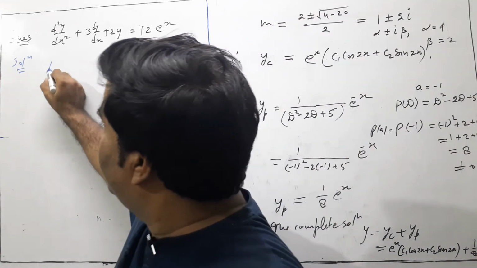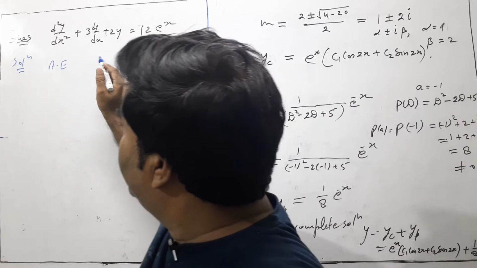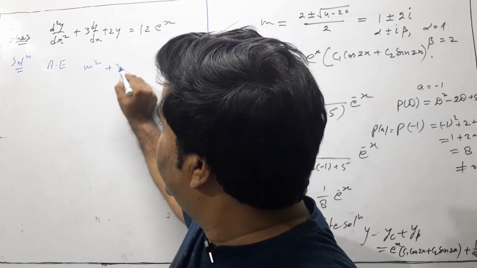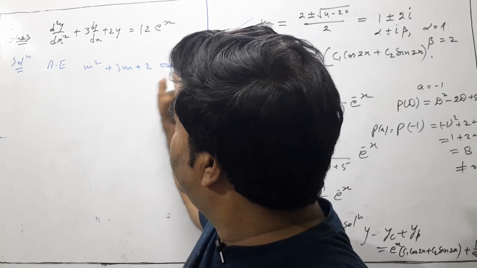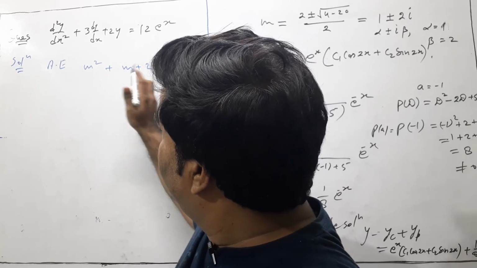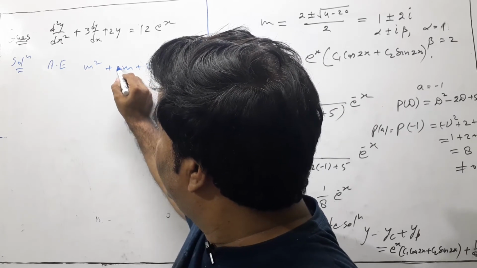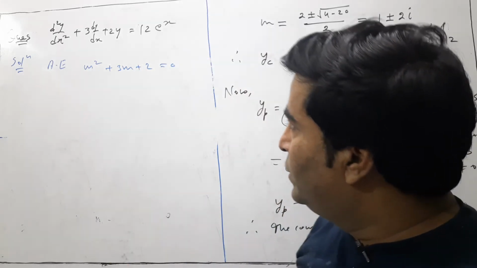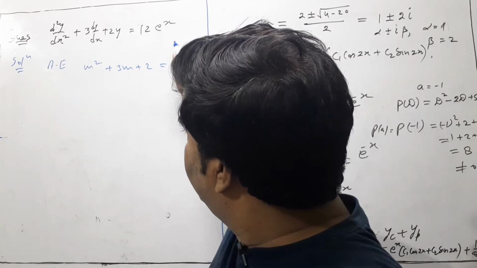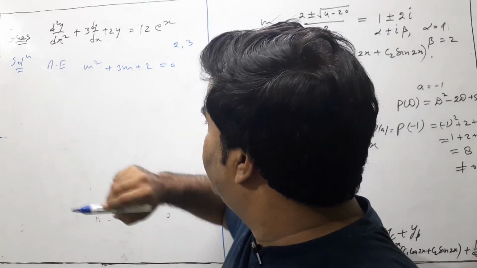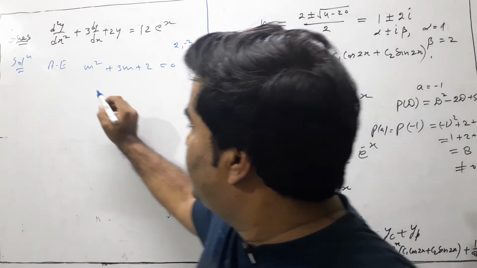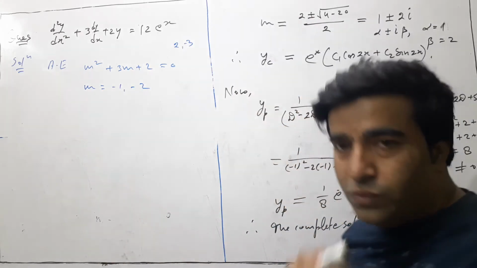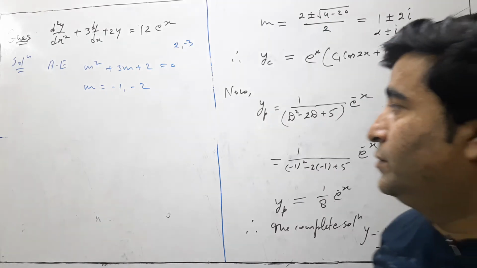So the auxiliary equation is m² + 3m + 2 = 0. The product is 2 and the sum is 3, so we can take m = -1 and m = -2 as the roots.